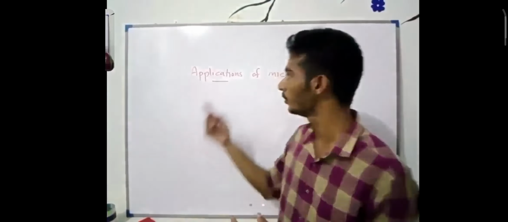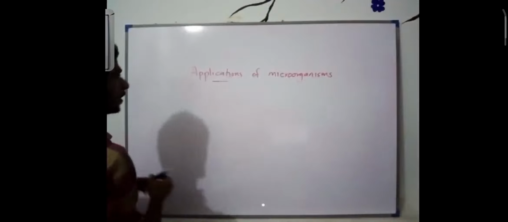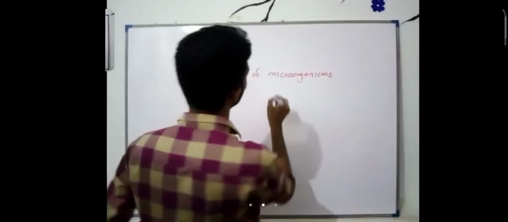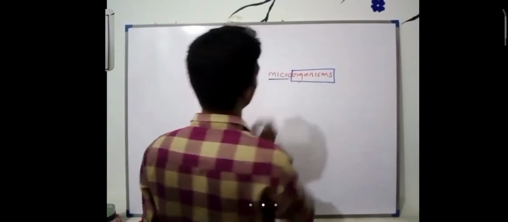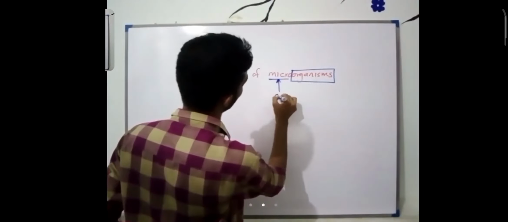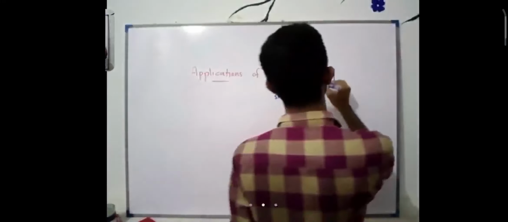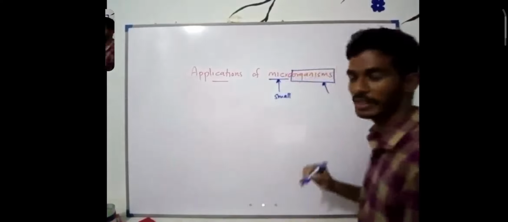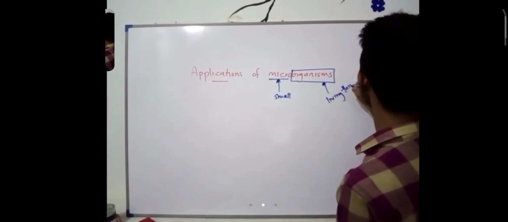We can say uses. This word microorganism is composed of micro and organisms. Now tell me, micro means what? Small, tiny. Organisms means what? Organisms means living things.